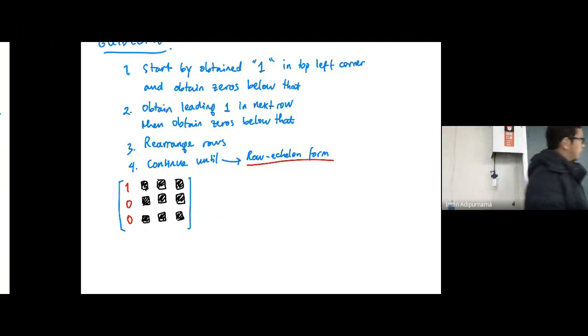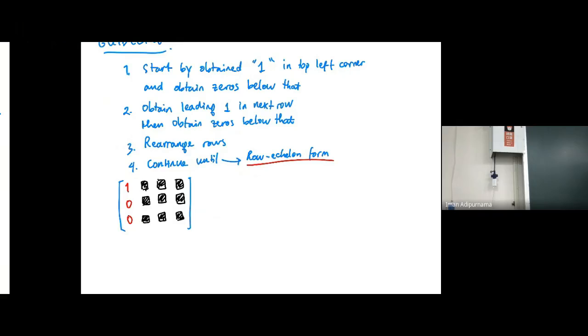The first thing is you need to make the top left 1, and below it 0. That's the first thing to do. There are no specific guidelines, you can do anything, but this helps you reach the goal, which is to find the solutions x, y, z.